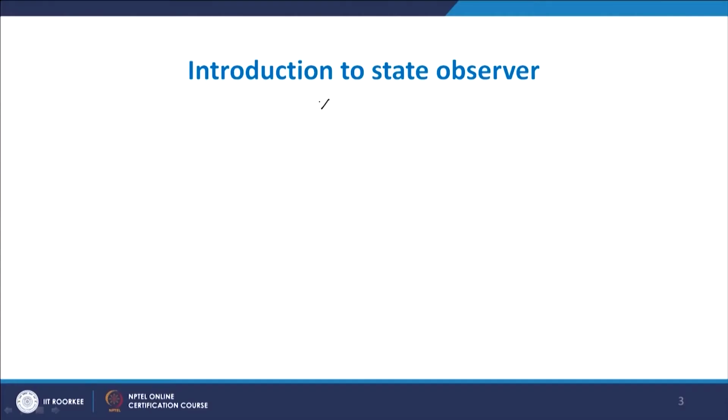First of all, let us see the state space block diagram of a system. Let us say x dot equal to Ax plus Bu, this is your system. Here is an integrator.